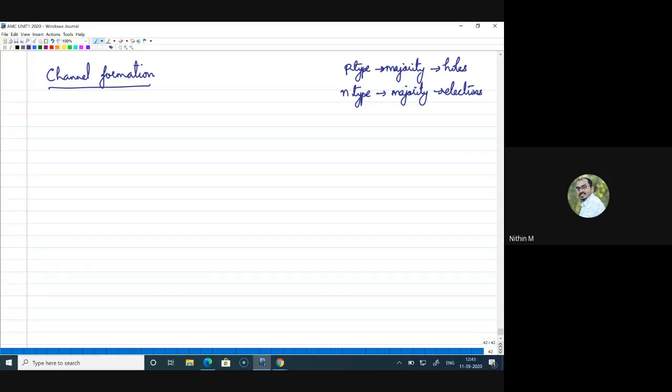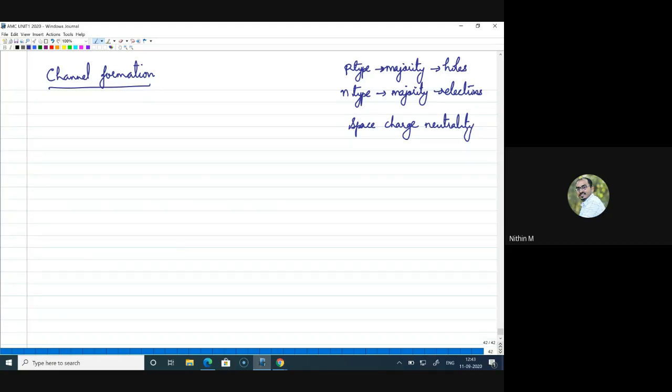Now in general, in any electronic device, there is something called space charge neutrality. That means the sum of total positive charges will be equal to the sum of total negative charges. We call this the charge neutrality equation, right?